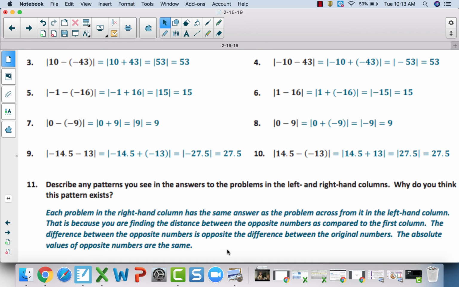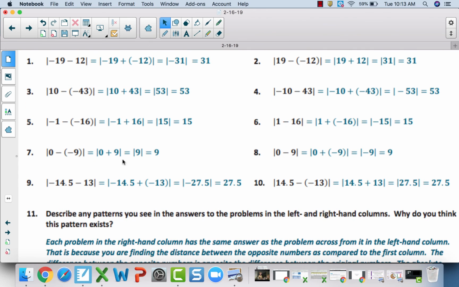The difference between opposite numbers is opposite the difference between the original numbers. So the absolute value of opposite numbers are the same. Okay, so that's the key here. You're finding the difference between opposites. Those are going to be equivalent or equal.